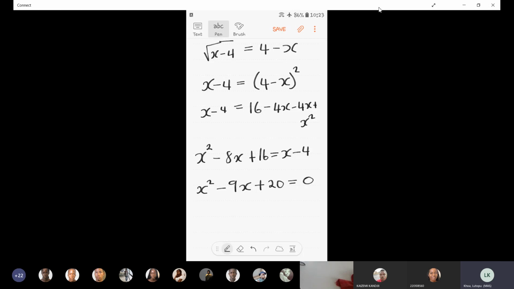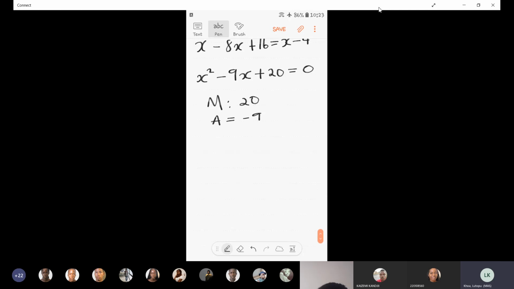And this one can be factorized. So I look for two numbers. When I multiply them, the answer is 20, and when I add them, the answer is minus 9. So the two numbers are negative 5 and negative 4. So we factorize. We have x and x, and the two numbers, minus 5, minus 4.